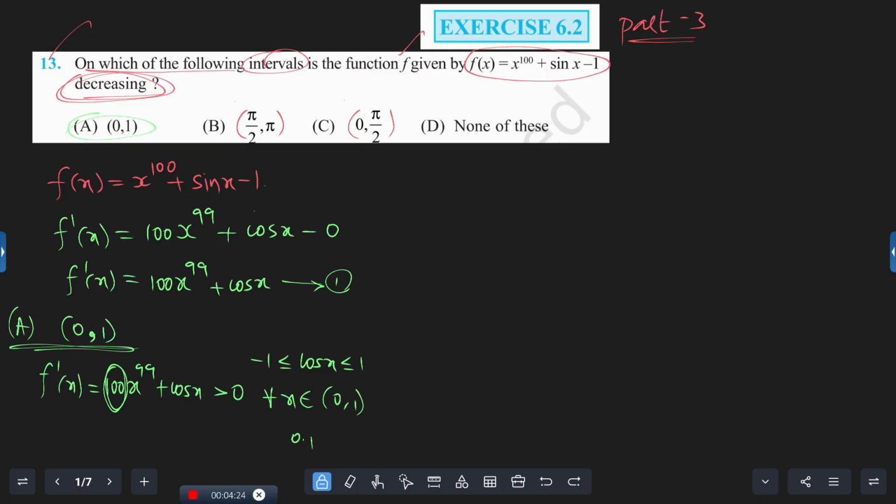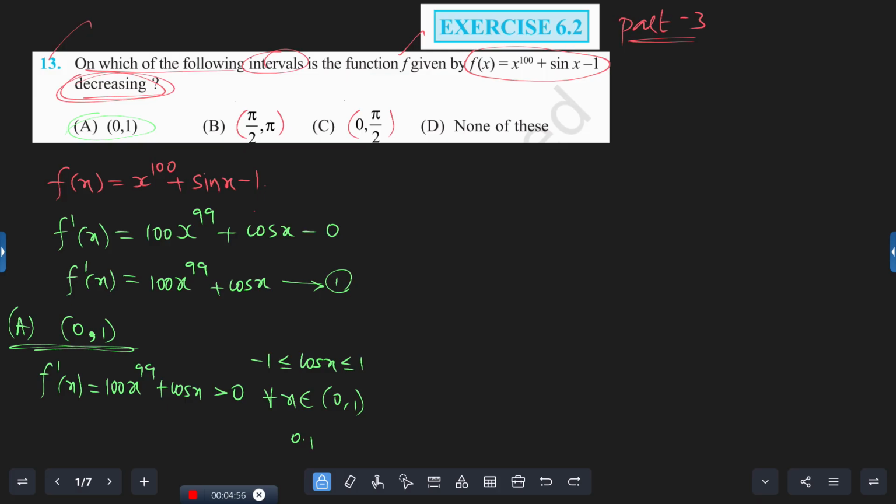If you give a small number 0.1, 0.1 whole power 99 multiplied by 100 will give something positive. The same for cos x, highest number plus 1, lowest number minus 1. When you combine both, surely you will get a positive number because of this 100, so don't worry about this.